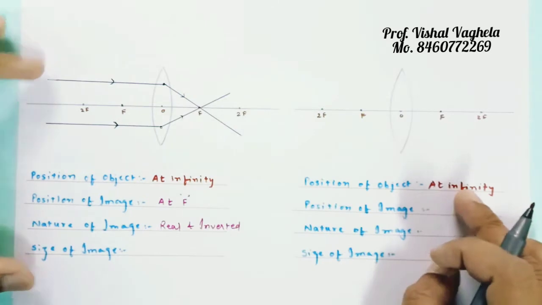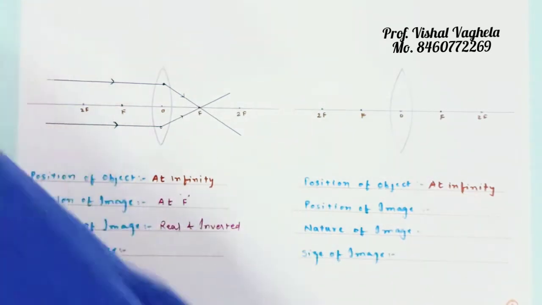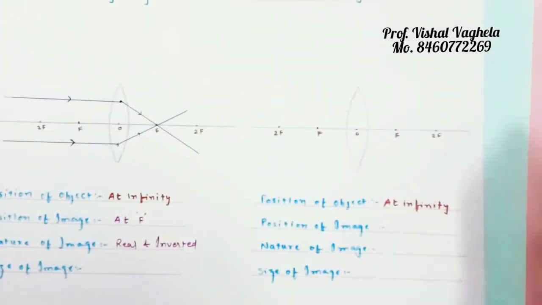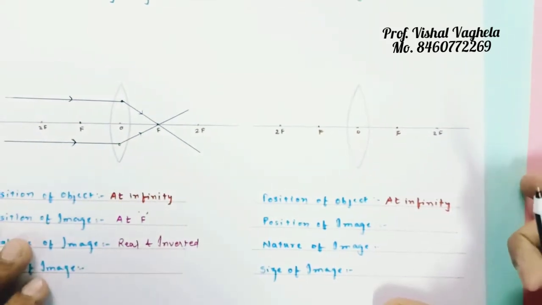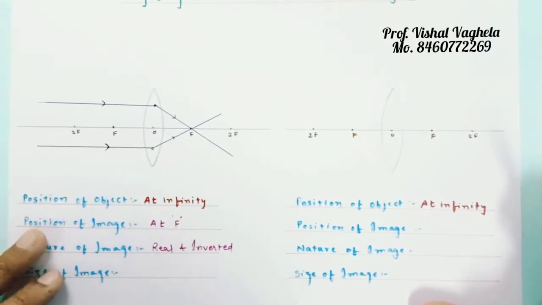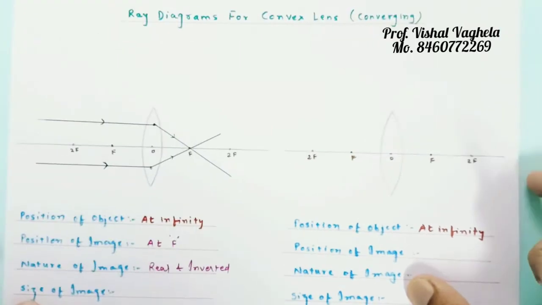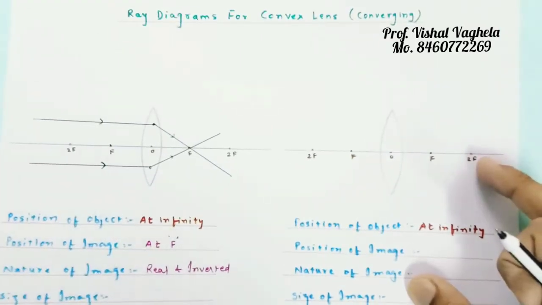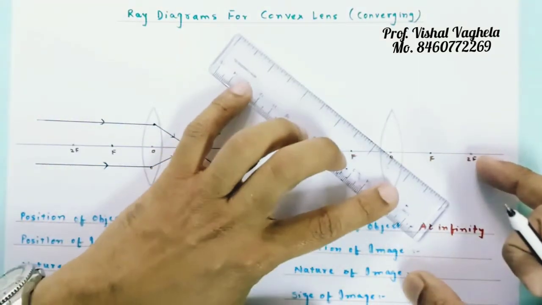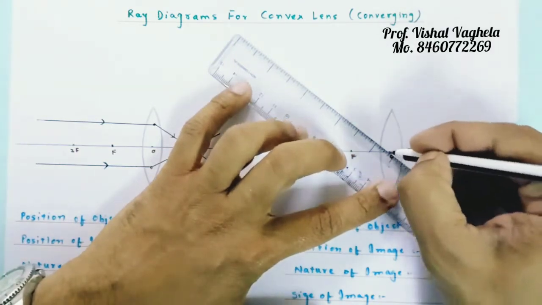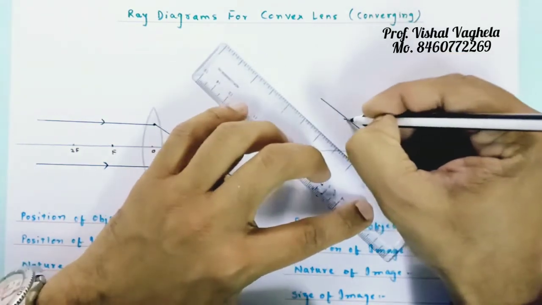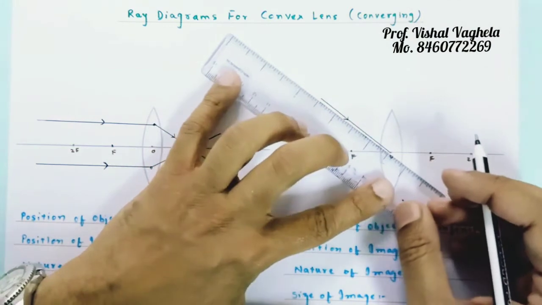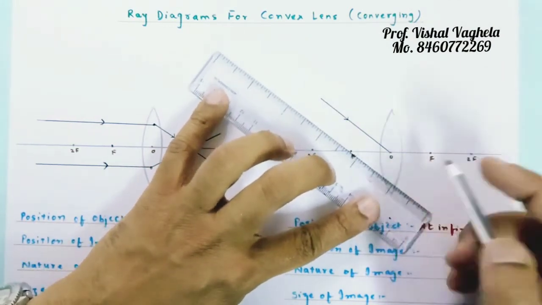Here again the object is kept at infinity. In this particular case, the rays would again be parallel to one another, but this time they are not parallel to the principal axis. I am selecting two such rays. This is incident ray number 1, and parallel to this is incident ray number 2.